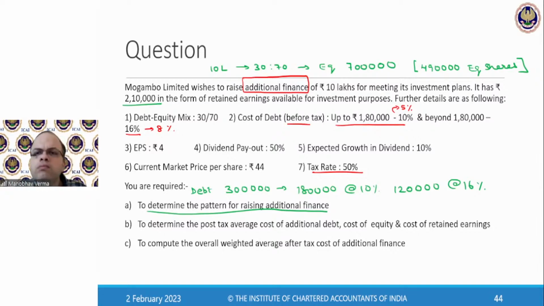Yes, Manoj, absolutely correct. Bonds, debentures, same way of calculating, right? Okay, guys, everyone okay till this point? So I think point number A is clear to all of you, the pattern here.